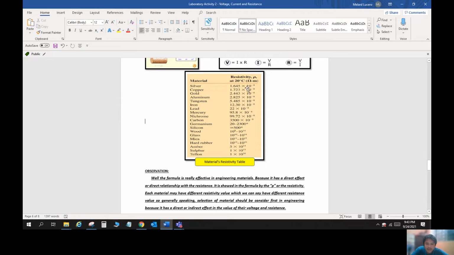We have here silver, for example, 1.645 times 10 raised to the negative 8 power. Then the copper, the gold, aluminum. These are basically the most commonly used materials in conductors.